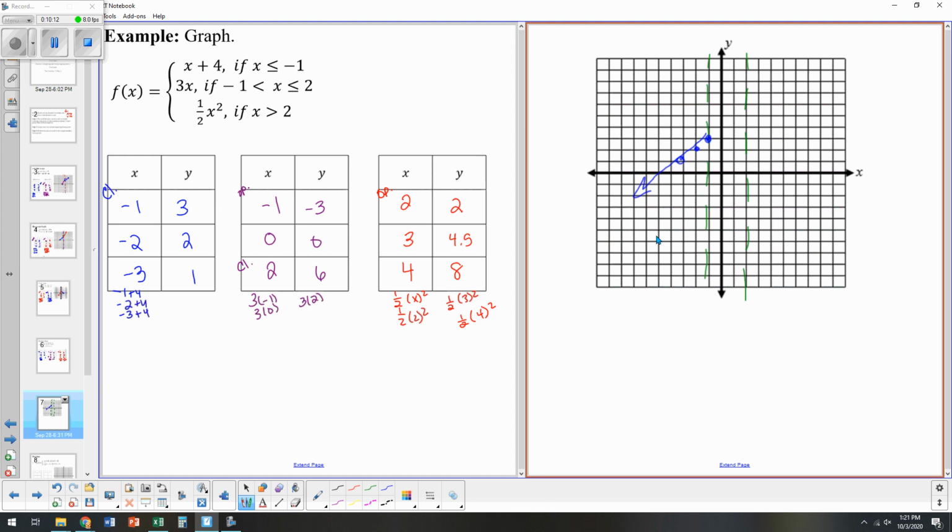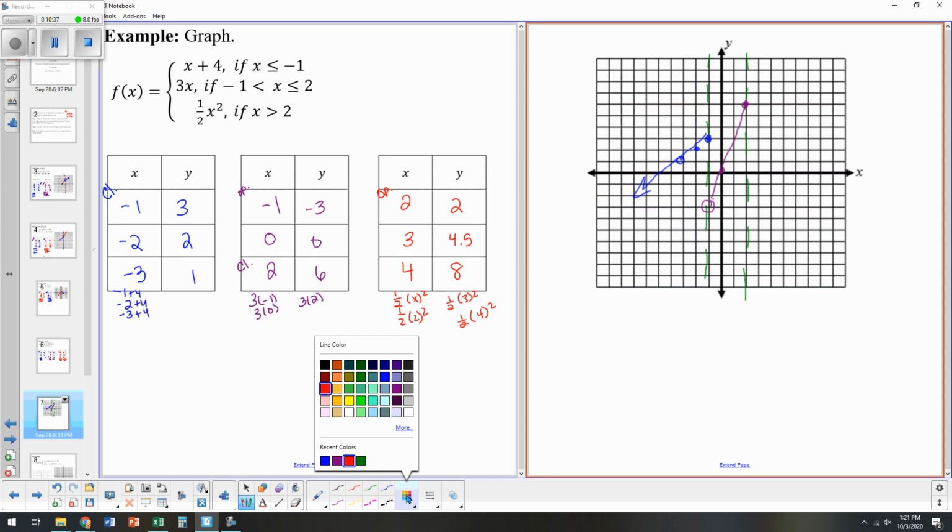So that's going to go like that. The one in the middle is going to have an open circle on -1, -3, and a closed circle on 2, 6. And we know it should be going through 0, 0. So it's going to look like that.